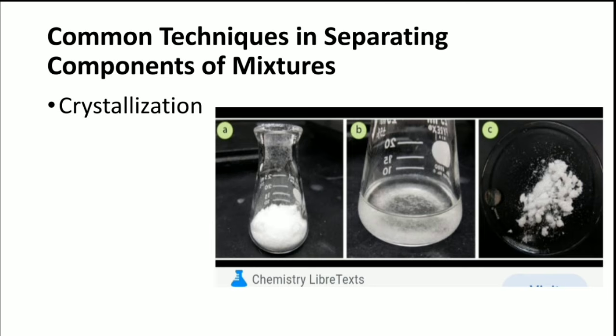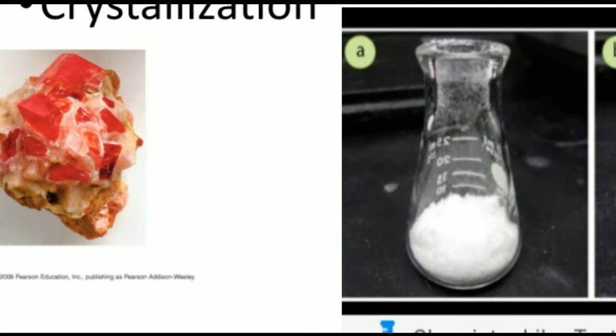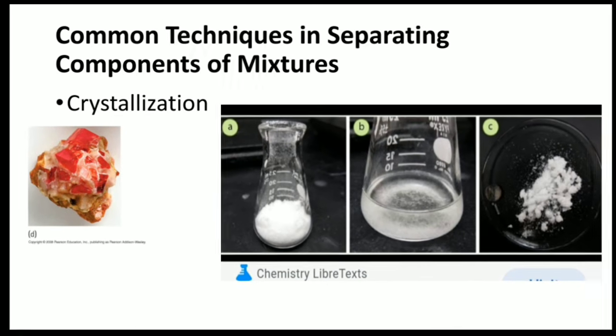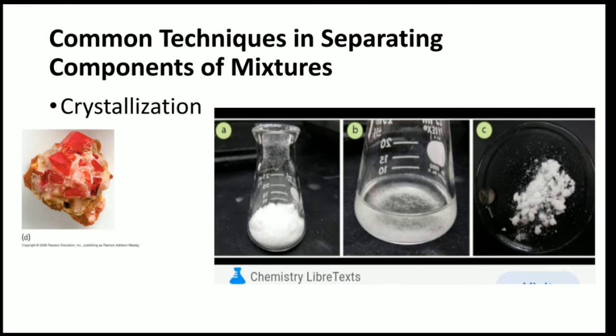a solid mixture. Let's say you are after only the gem of a greater value here, so you will need to have it powdered, dissolved in a solvent, recrystallize, allow the pure gem or mineral to recrystallize and recover it.